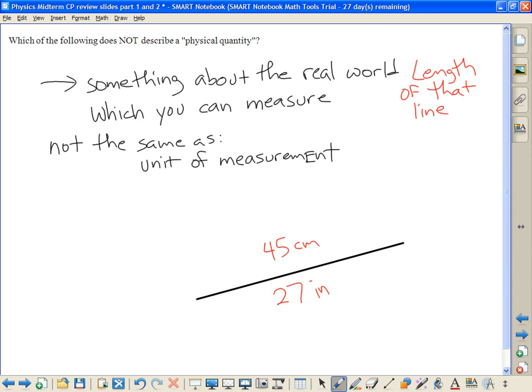So inch, centimeter, meter, etc. could be used to express the physical quantity, the length of that line.